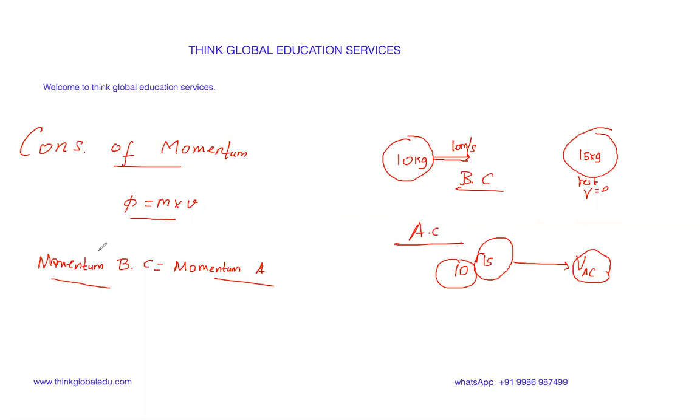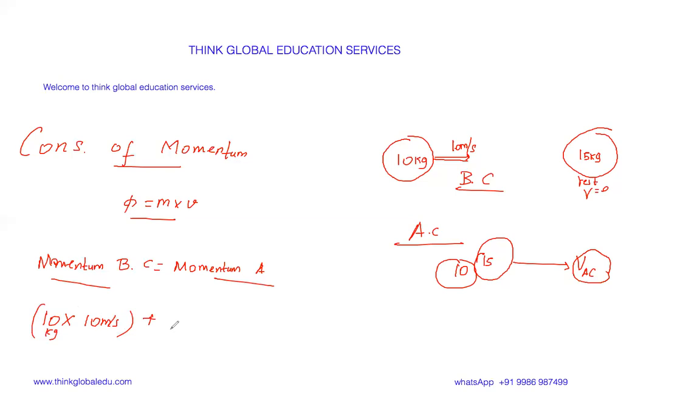So we know the law of conservation of momentum. First we have to calculate the momentum before collision of the first object. For the first object, mass is 10 kilograms and velocity is 10 meters per second, which must be added to the momentum of the second object.